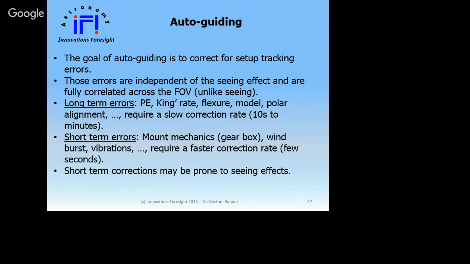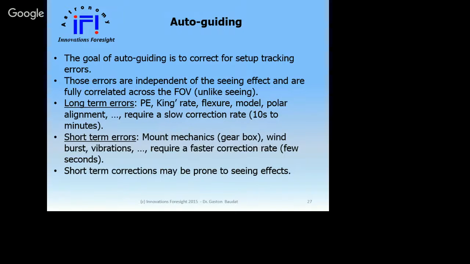So now I'm going to look at what it means if you have to go fast for guiding because you want to correct for the mount's short-term error. The long term doesn't matter, right? Because if you can wait 10 seconds or a minute, then the thing is gone, it's not part of the equation.